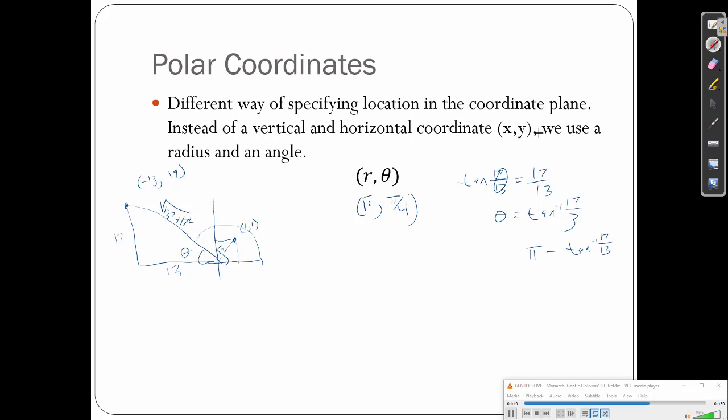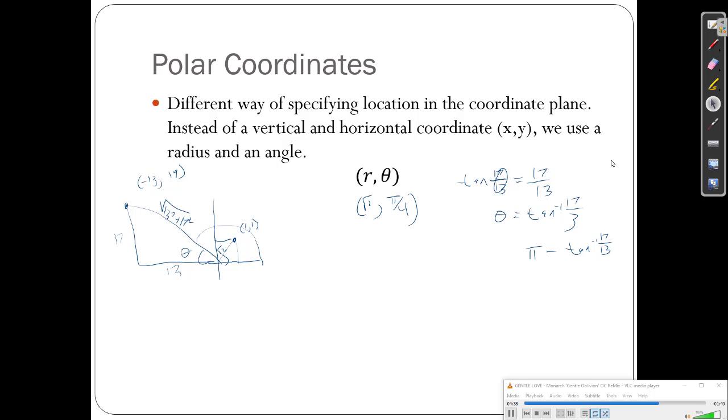So this is what we're using in these three sections when we're talking about polar coordinates. And you might think, why are we bothering to define a whole new set of coordinates? There are some very nice things about these. They actually make some graphs much easier to manage.